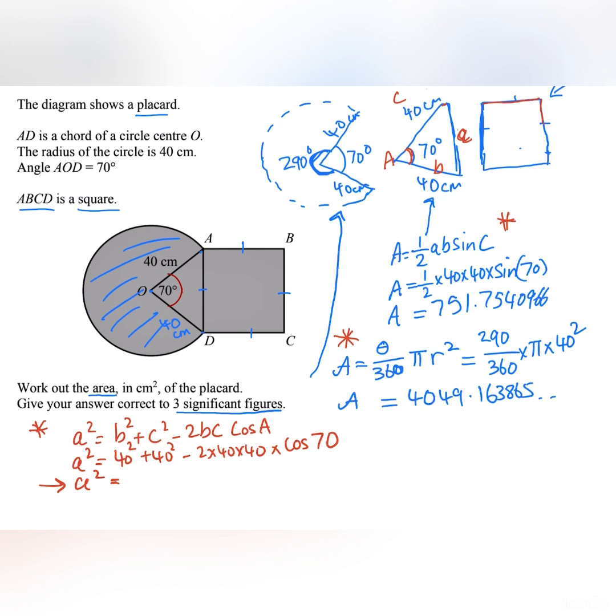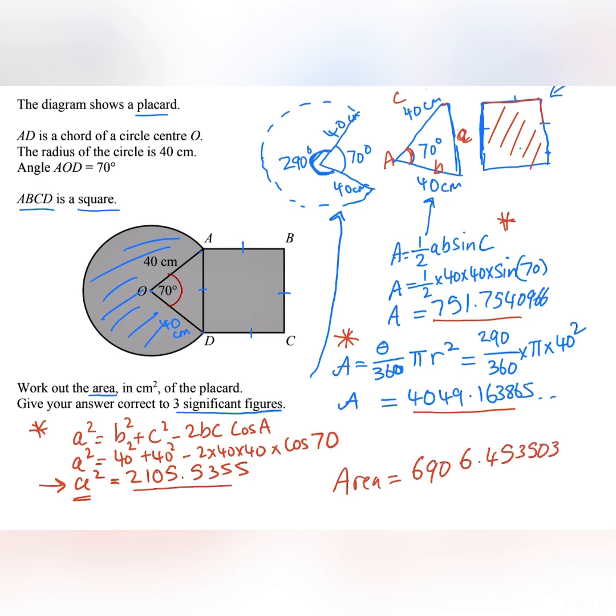That gives us 2105.5355. As I said, I'm not going to square root this to find one side, because I'm only going to end up squaring it again to find the area. So our three areas that we need to add up are this one, this one, and this value here, to find the total area of this shape.